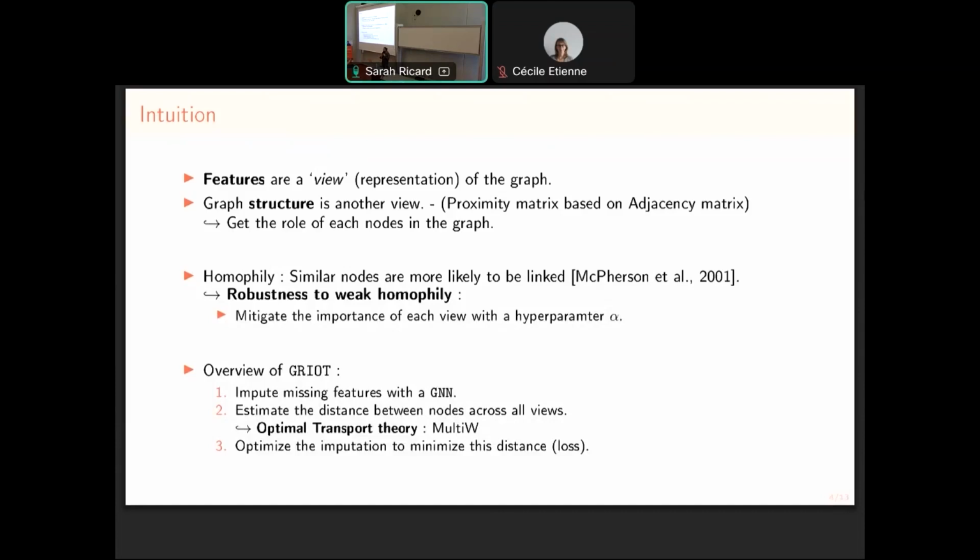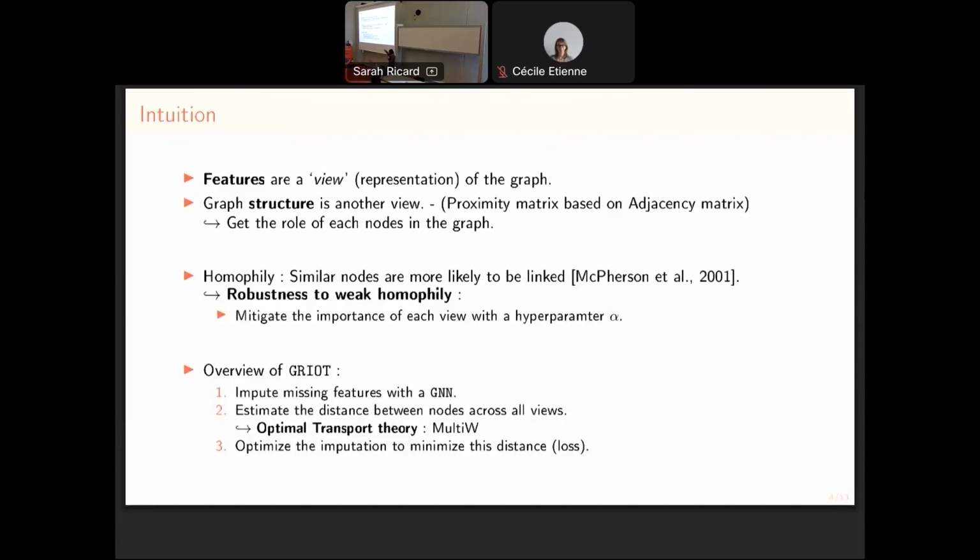Well, the intuition behind GRIOT is like this. We start by imputing the missing information with a graph neural network. At first it will be a random imputation because the graph neural network isn't trained. Then we compare the distances between nodes distributions using optimal transport, because we talk about distributions. So optimal transport is really good for comparing them.